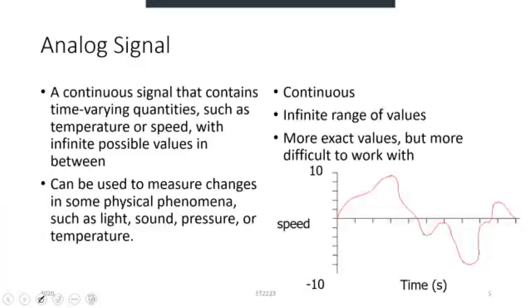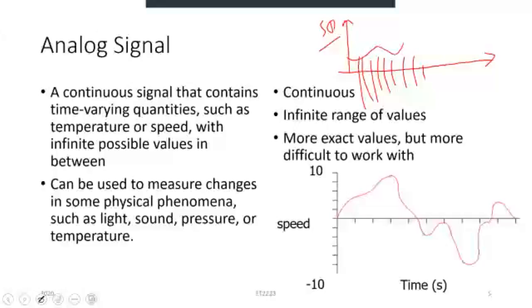Say, if we observe the speed of a vehicle, at every moment in time, it has a valid speed. The only thing is we will have to plot it depending on the speed changes. It may change, but at every moment in time, it will have a valid speed and it is continuous. The value will be valid continuously as long as that system is active or that signal is being produced. So it will be a continuous signal.